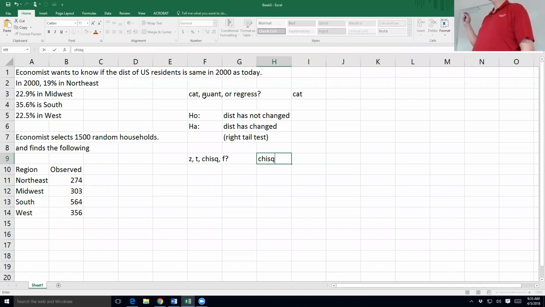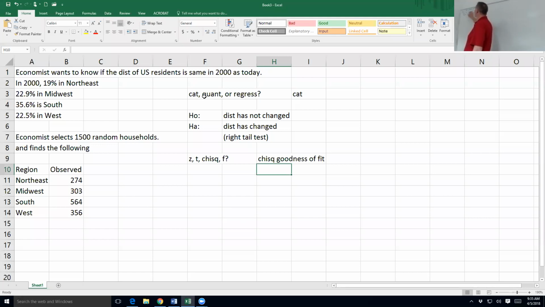So what kind of chi-square test is it? It's going to be a goodness of fit. But how do you know? We're comparing distributions. We want to see if the distribution matches some preconceived idea. Here's my preconceived idea, right there.